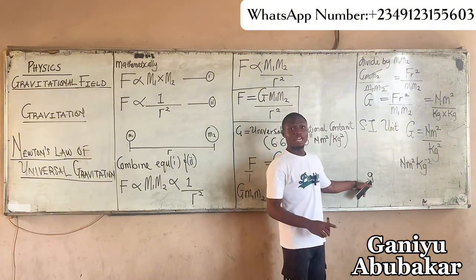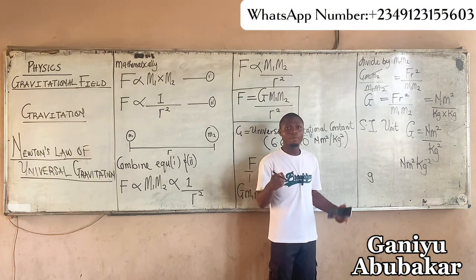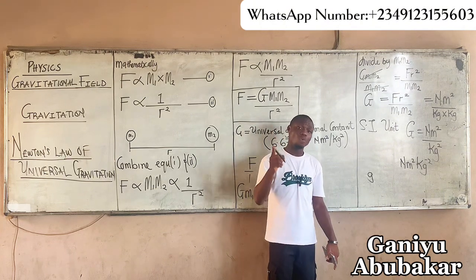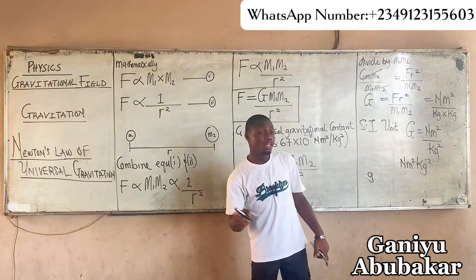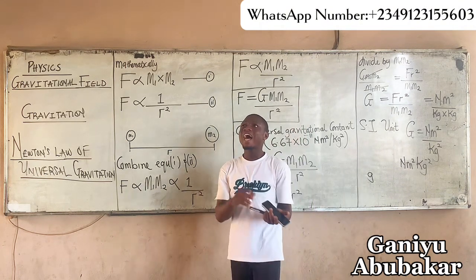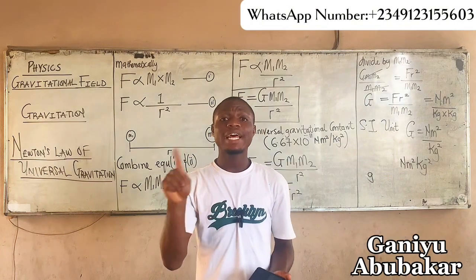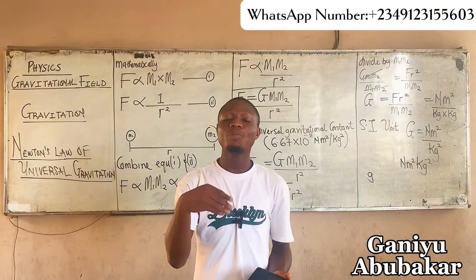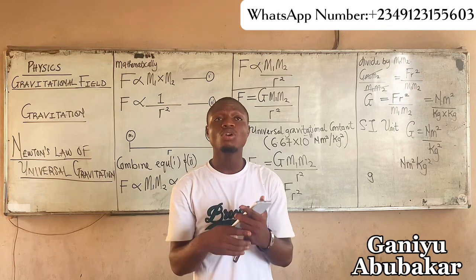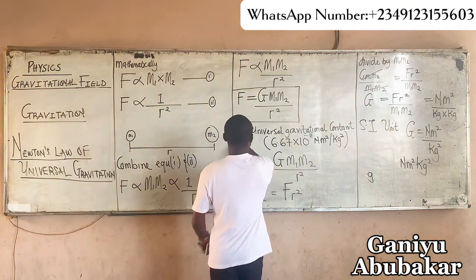This small g is what all of us know, which is what? 9.81, or some people use 10 meter per second squared or use 9.81. So basically, small g is called acceleration due to gravity. So in our next class, I'll be showing you the relationship between capital G and small g.